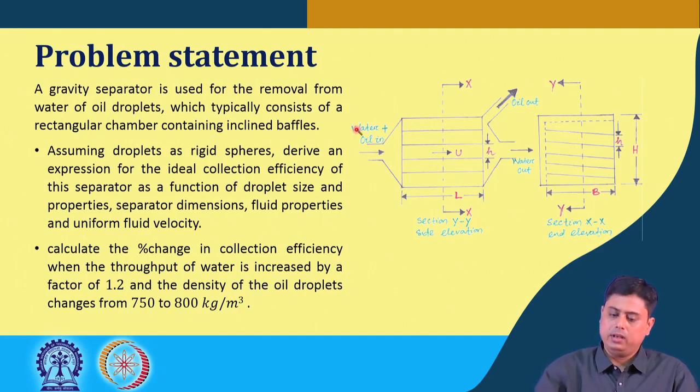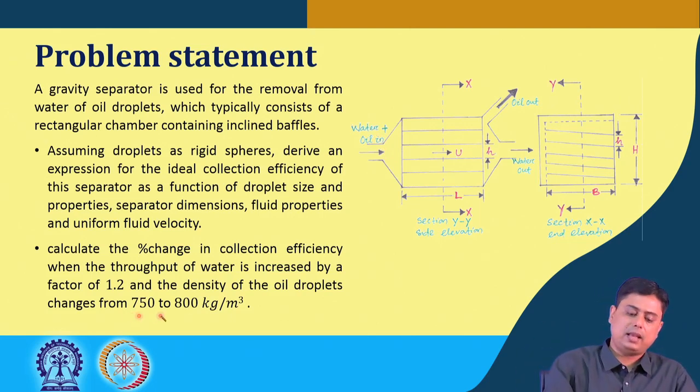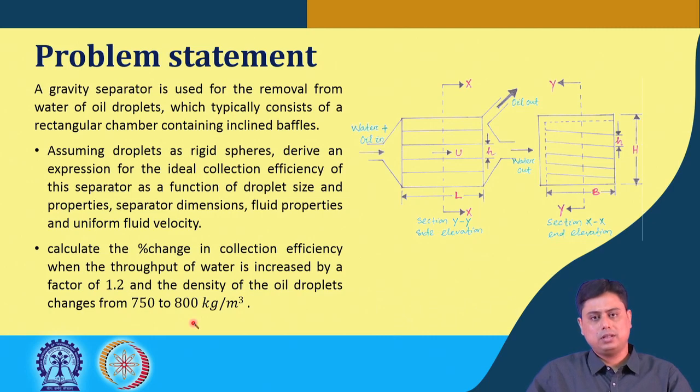So when there is another type of oil with a slightly different density, a difference of 50 kg per meter cube, and the inlet flow rate is increased by a factor of 1.2, how will the collection efficiency change, or how much percentage change will there be in the collection efficiency?